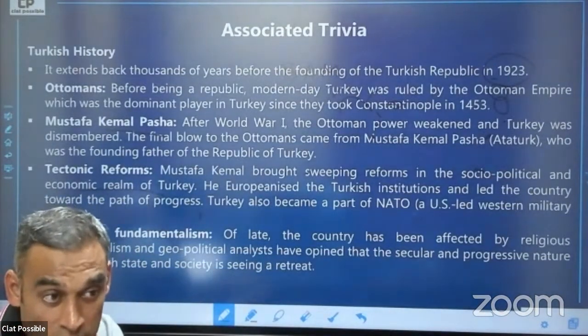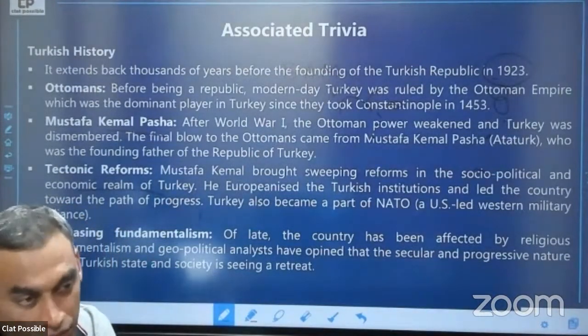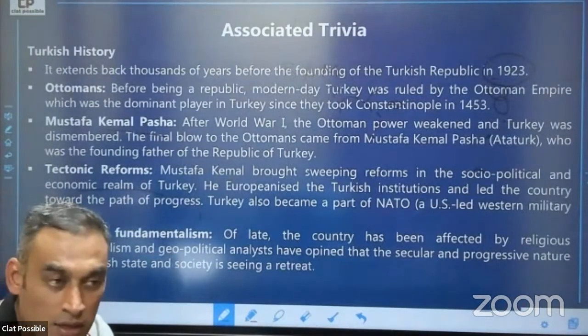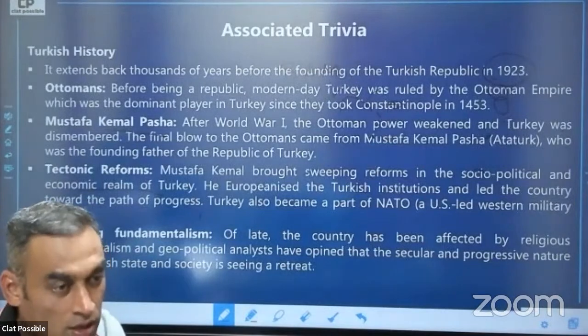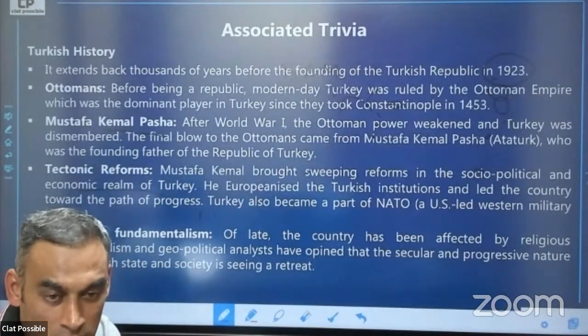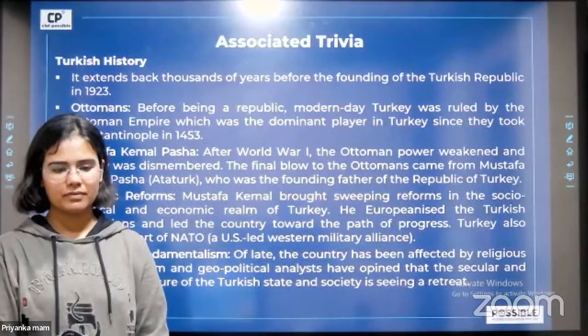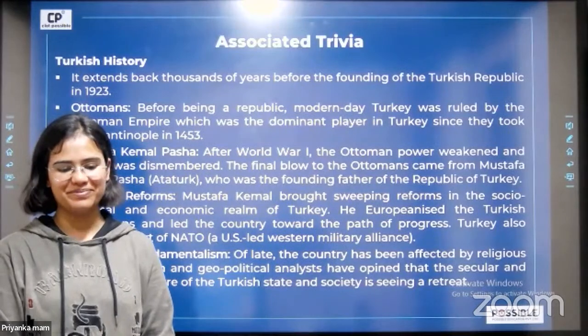The important earthquakes that have taken place in India. Priyanka has already mentioned that: the one in Gujarat, the one in Maharashtra, and Uttarakhand, right? Priyanka, that's about it? Yes, sir. Anything else? I think we've analyzed the topic well.